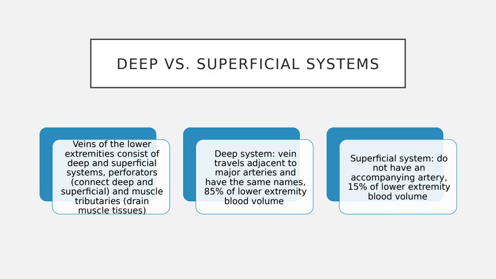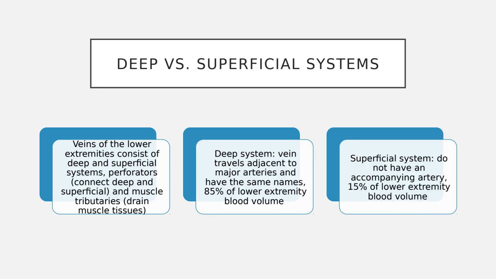Our superficial system is a little less important, a little less concerning if there's anything wrong with them. These are not accompanied by a paired artery. So our greater saphenous vein, like we just said in the previous slide, we don't have a greater saphenous artery. It doesn't work like that. The only thing that's a little bit of a gray area is our calf veins.